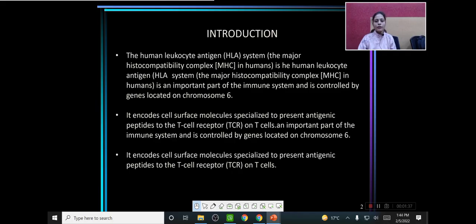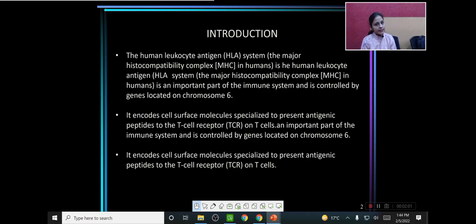So first of all, introduction. What is the HLA? Actually, HLA is the major histocompatibility complex, the human leukocyte antigen. It is an important part of the immune system, which is controlled by genes located on chromosome number 6.